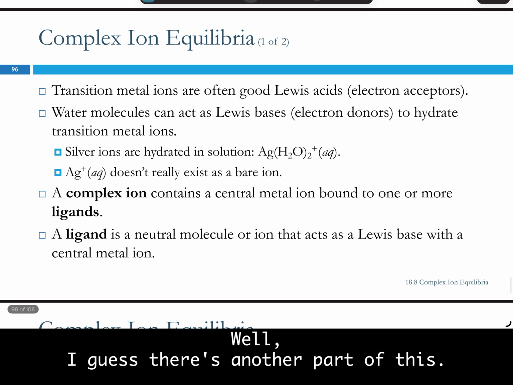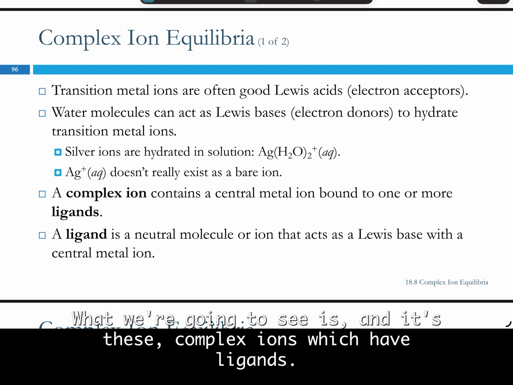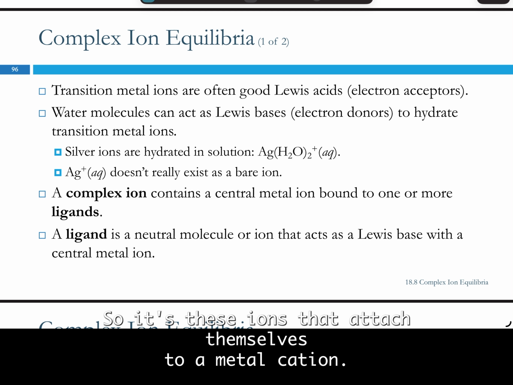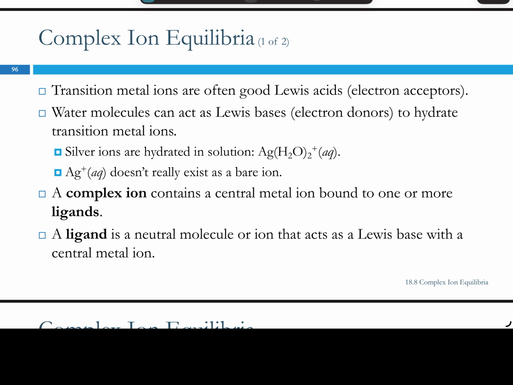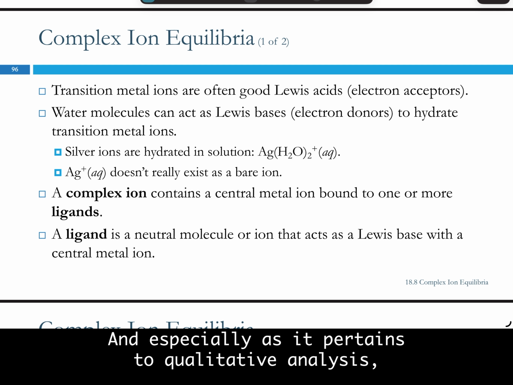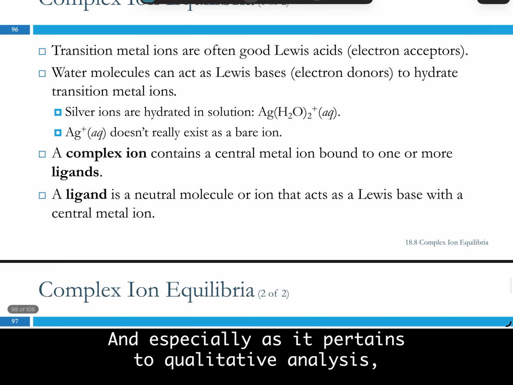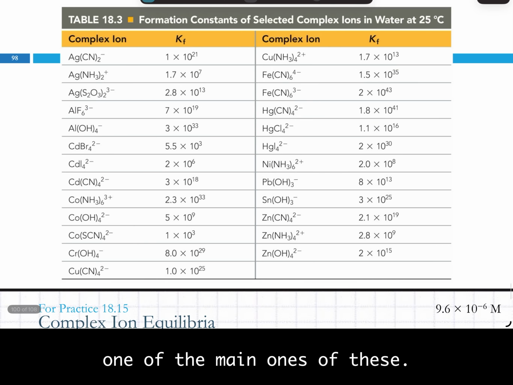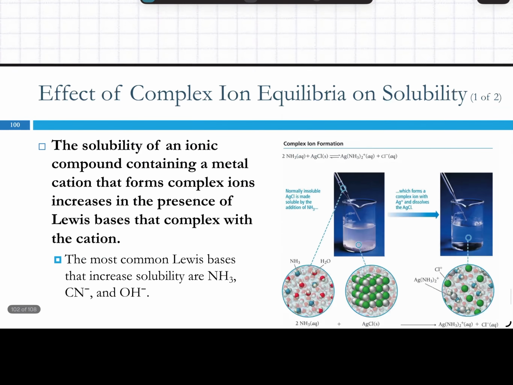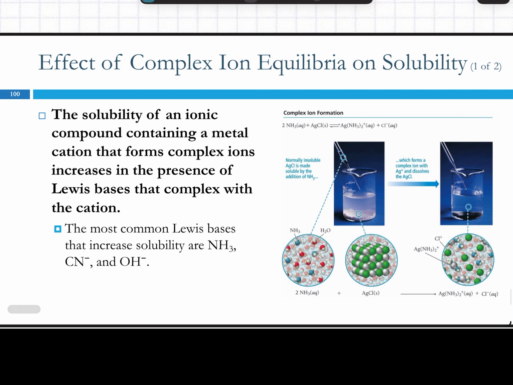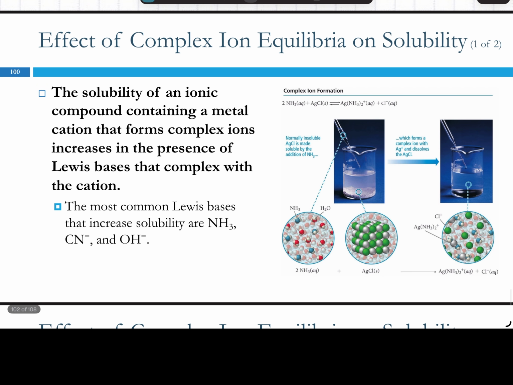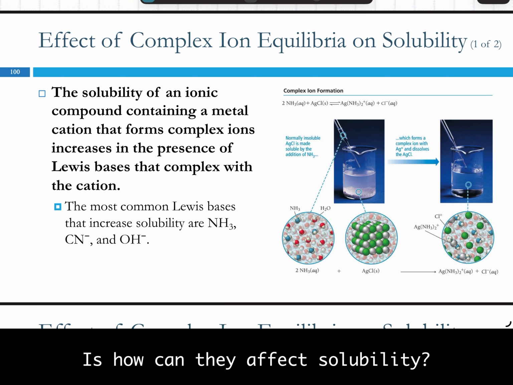Well, I guess there's another part of this that we're going to use, and it's these complex ions, which have ligands. So it's these ions that attach themselves to a metal cation. And especially as it pertains to qualitative analysis, one of the main things is how they can affect solubility.